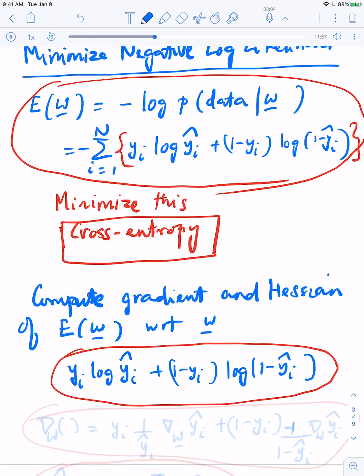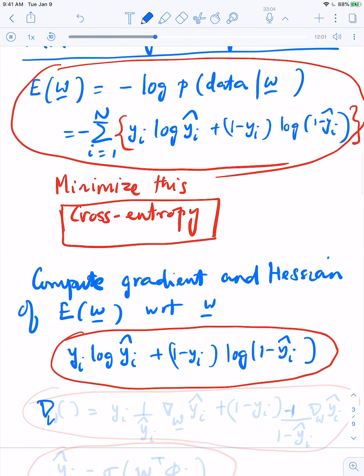Yi, of course, does not depend on W. These are the labels that are given to you. So let's take the gradient of that term above. So Yi just comes out. Chain rule means when I differentiate the log with respect to Yi hat, I'll get 1 over Yi hat. And then I have the gradient of Yi hat with respect to W. That's the first term.